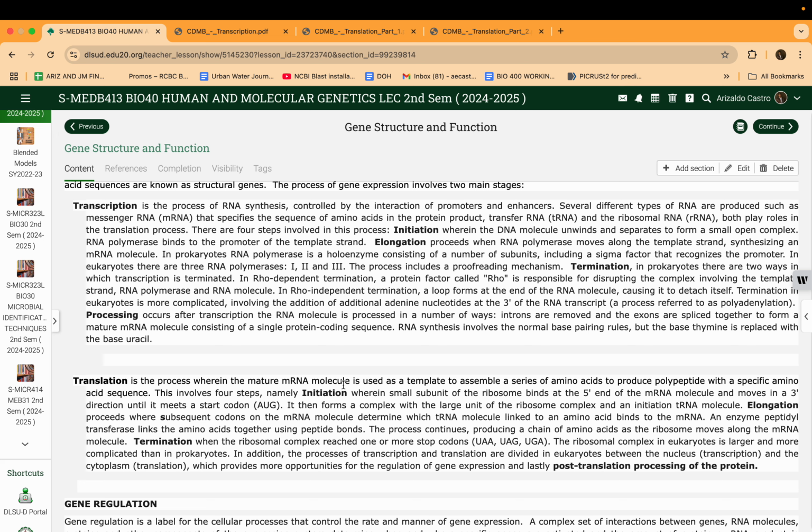So review that there are different types of RNA that are produced, such as mRNA that is later translated as a protein product, transfer RNA, which is important for carrying specific amino acid residues that elongate the polypeptide chain, and ribosomal RNA, which is an important component of the protein translating machinery of ribosomes. So all of these three interact during translation.